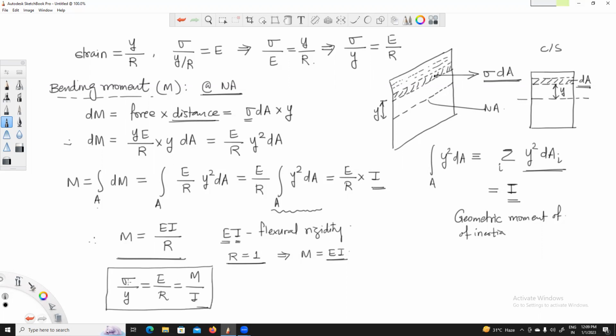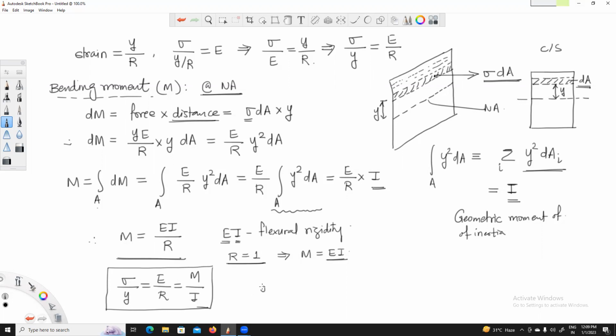Sigma is the bending stress, Y is the distance of that fiber from the neutral axis, E is Young's modulus, R is the radius of curvature, M is the bending moment, and I is the geometric moment of inertia of the cross section of the beam.